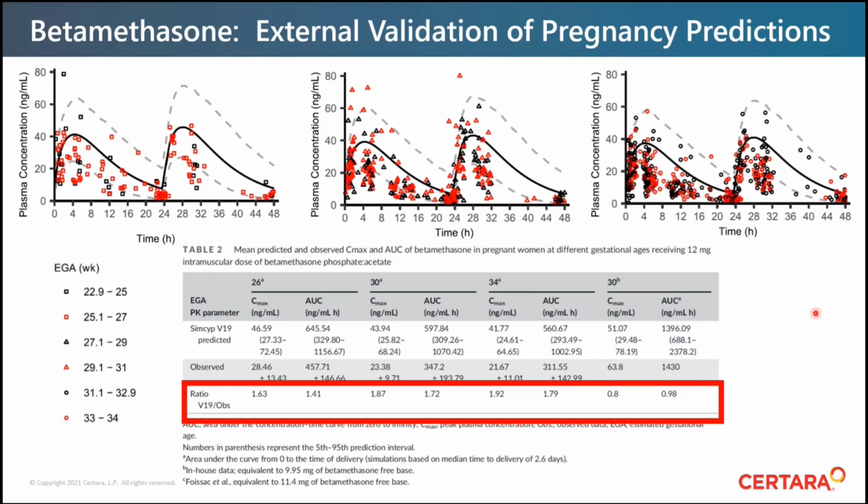The populations were similar in age, gestational age, as well as weight, but ethnicity was different between the two studies, so that could play a role in the differences that we see here, as well as just the individual variability that's observed during pregnancy in the PK of betamethasone.